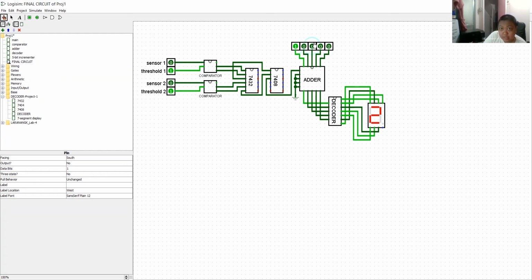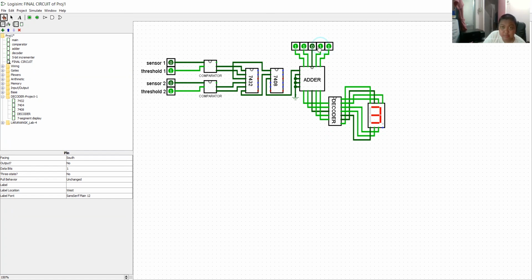So 20 is 1 0 1 0 1, so 3. Wait. No, sorry. So 20 is 1 0 1 0 0, so 2. So 1 0 1 0 1 plus 21, so 3, up to 27.